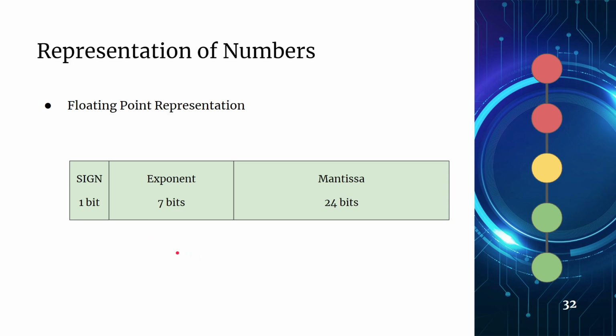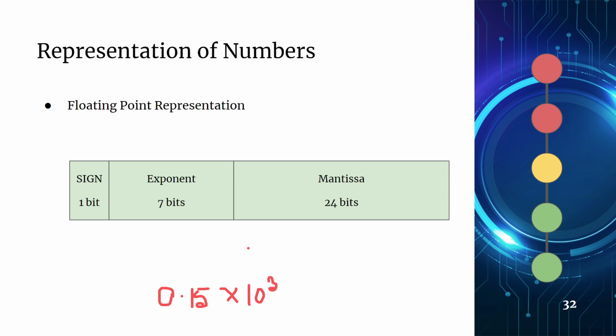Well, if we just consider the previous scenario, suppose the example of 0.15 into 10 to the power 3.